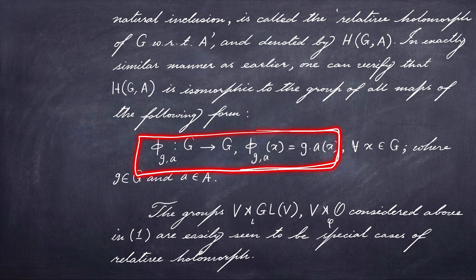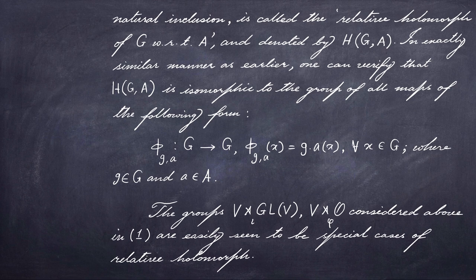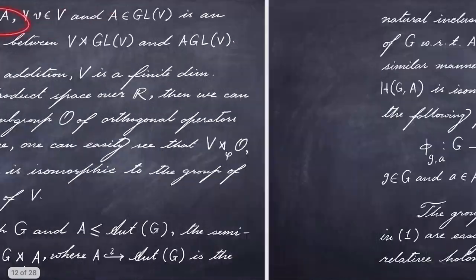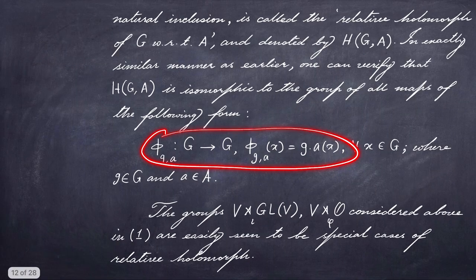All the permutations of G of this form form a subgroup of S_G, and this relative holomorph is isomorphic to that subgroup. So if you see, this is nothing but putting this in the general form.